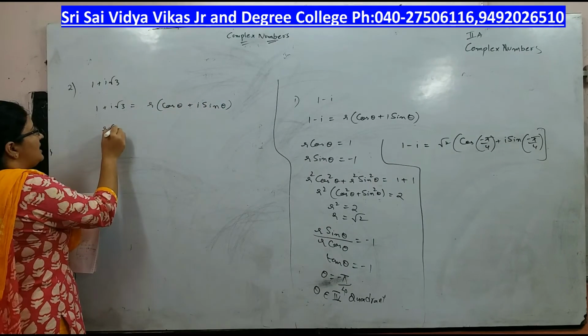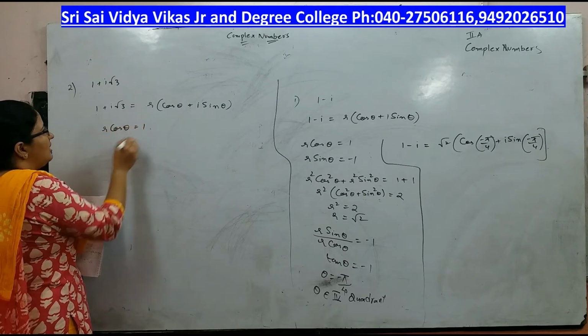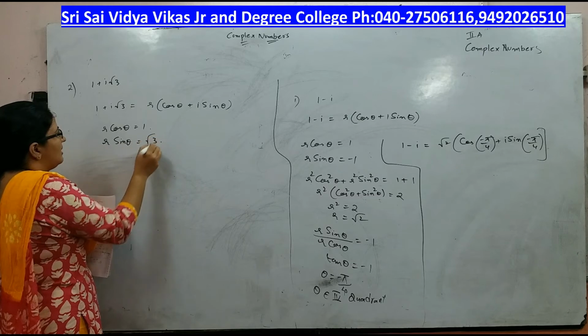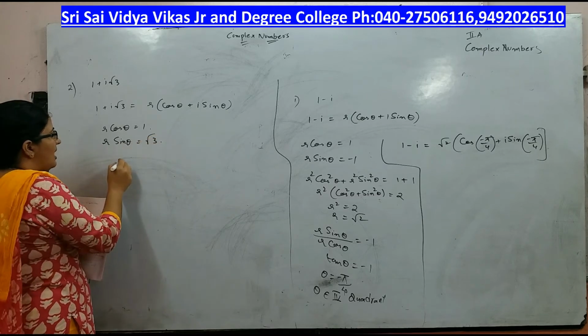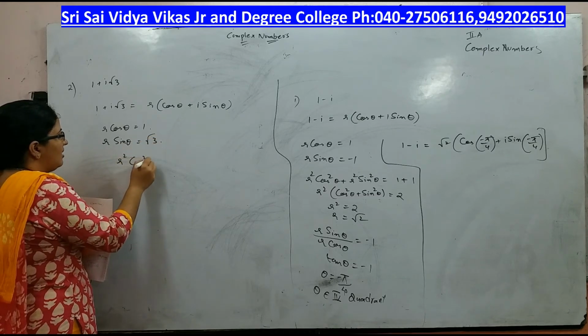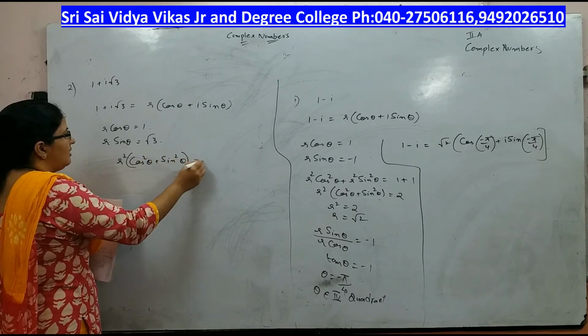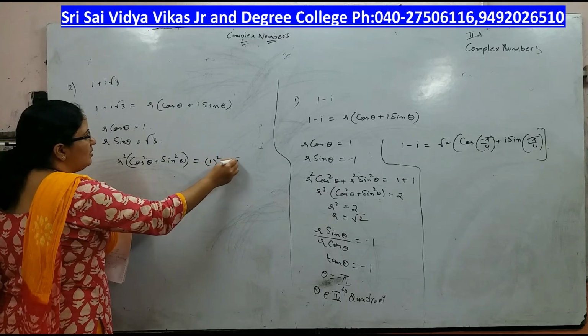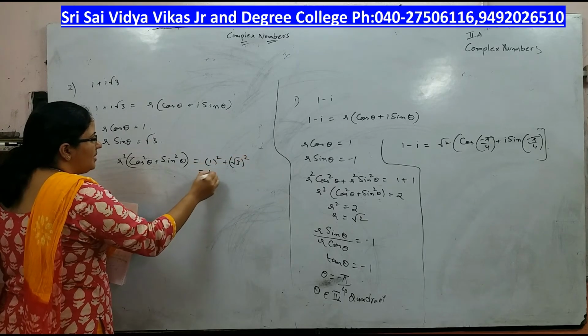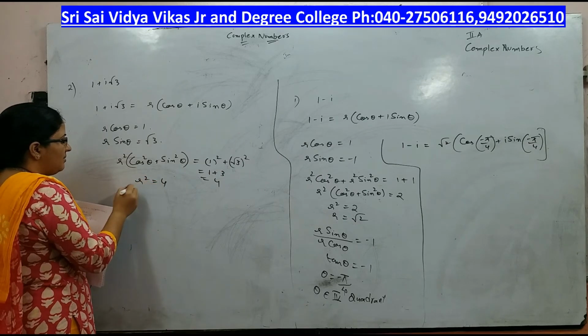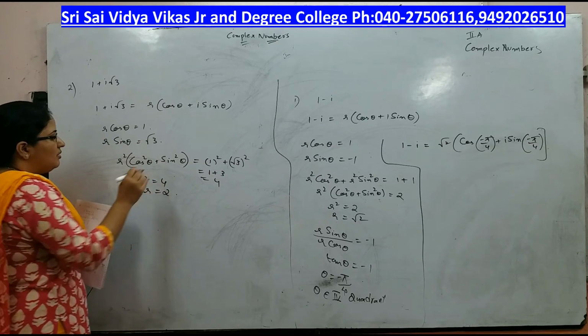So r cos theta is equal to 1, r sin theta is equal to root 3. So r square into cos square theta plus sin square theta is equal to 1 square plus root 3 whole square, which is 1 plus 3, that is equal to 4. R square is equal to 4. This implies r is equal to 2.